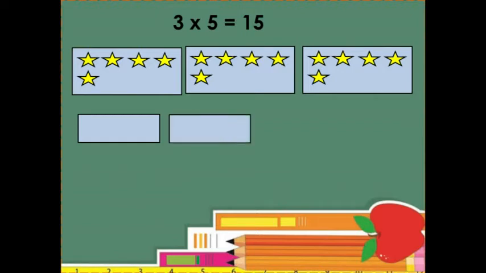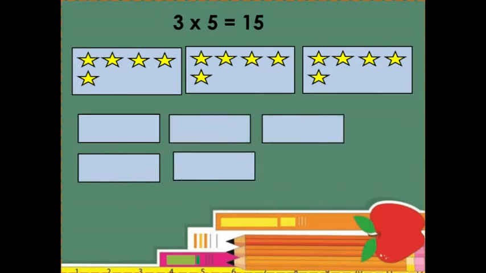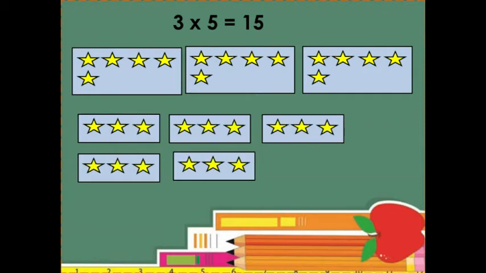So we have here 1, 2, 3, 4, 5 boxes. And then we will draw 3 objects in each box. So 1, 2, 3. So draw 3 stars in each box. So that is how the illustration using the multiplication sentence works.